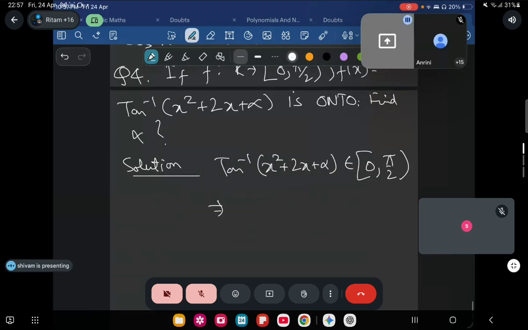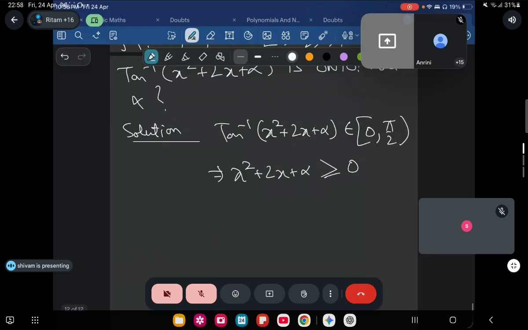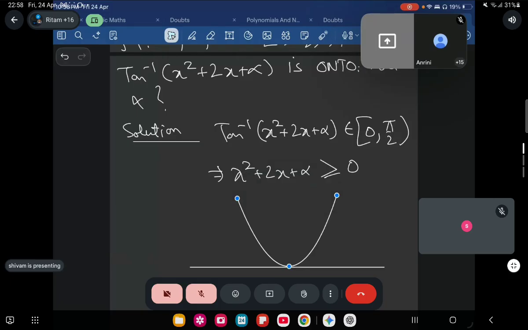This implies x square plus 2x plus alpha must be greater than or equal to 0. Okay. Now see, if this expression is greater than or equal to 0, how will the parabola look like? This is how the parabola is going to look like. Okay. So for this kind of parabola, what should be the discriminant?